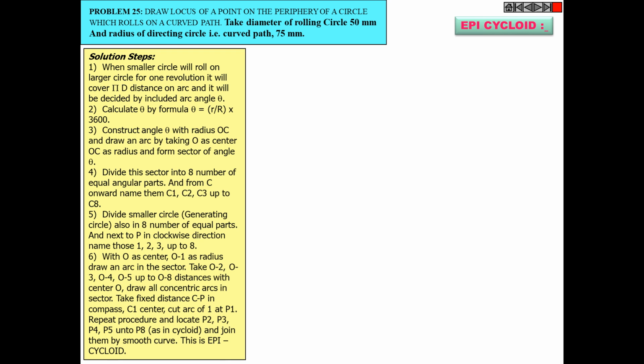Then from this line you have to understand that this is a problem of epicycloid. In order to generate an epicycloid, I need the radius of the directing circle and the radius of the rolling circle. It is given in the problem that the diameter of the rolling circle is 50 mm and the radius of the directing circle, that is the curved path, is 75 mm.